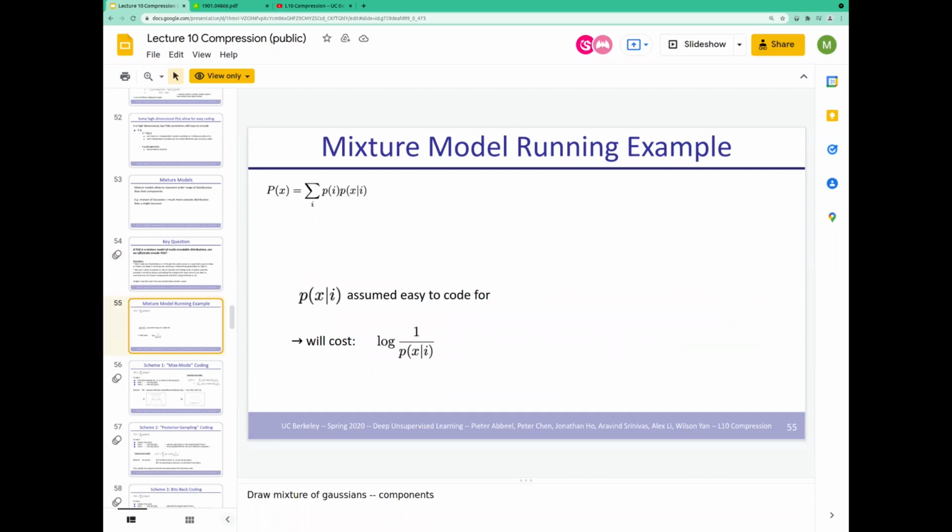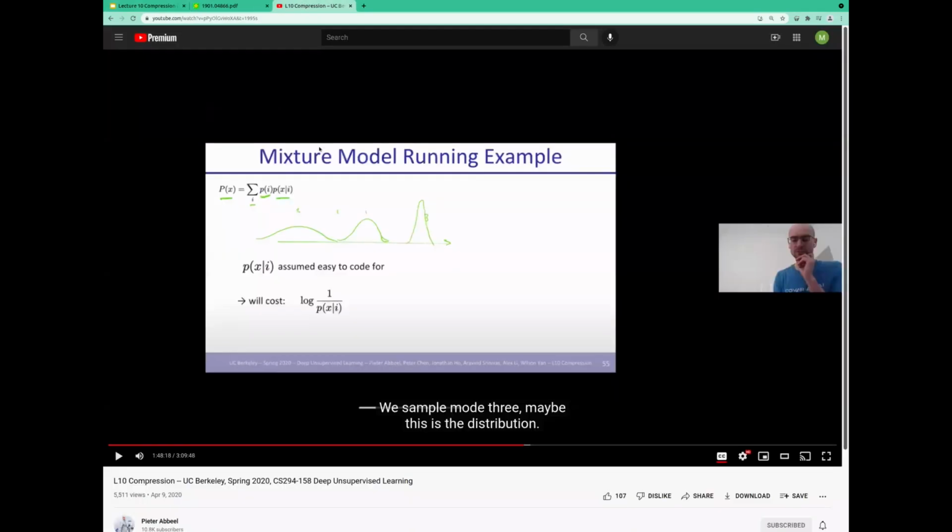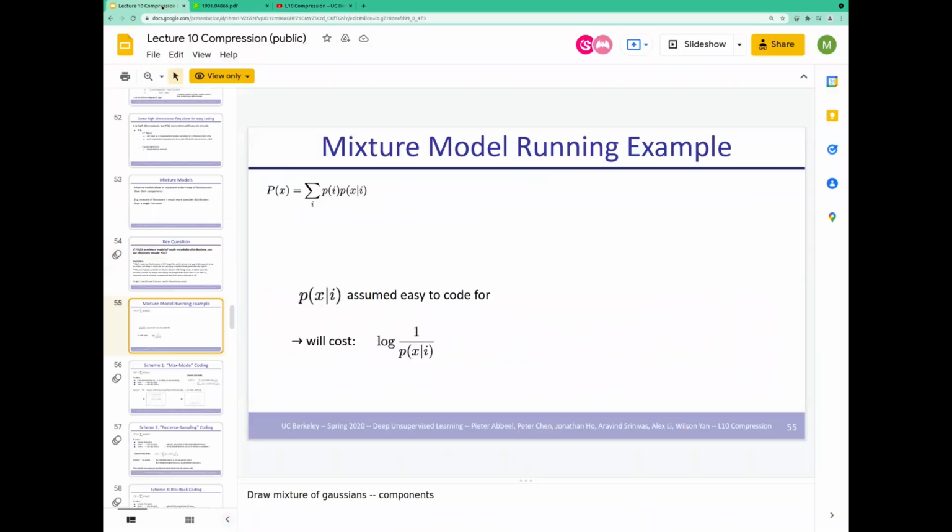So that's the main question here. Okay, so here's the running example, and this was the diagram for it. So p of i is the probability of the model, and then probability of x given i.